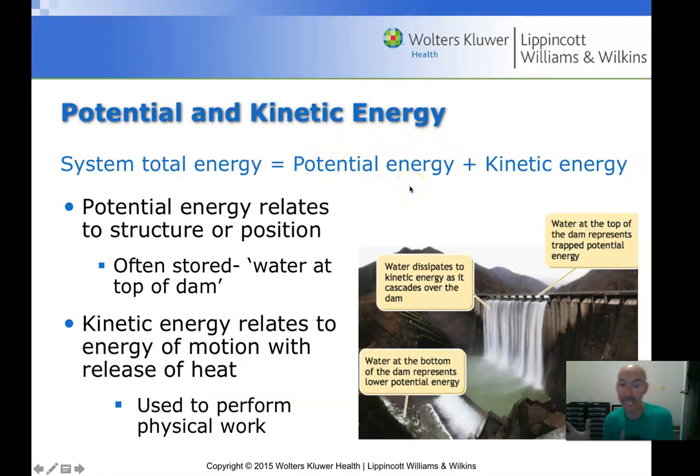Then when we need to perform work or exercise, the potential energy is sort of released and it becomes kinetic energy. Kinetic energy relates to the energy or the production of motion, as well as the releasing of energy as heat. Okay, you might think of this as the example, as the figure shows here, as sort of like a dam. When the water is stopped by the dam, that represents potential energy.